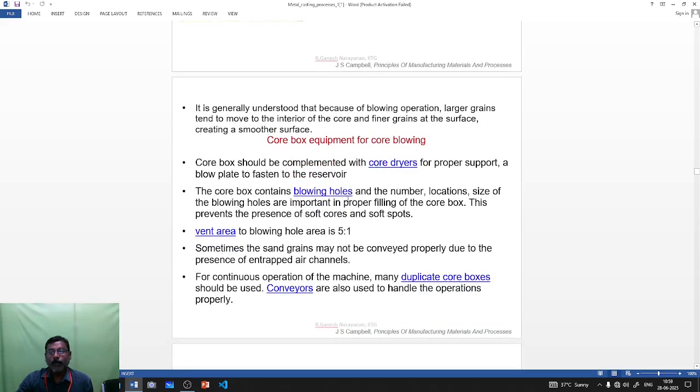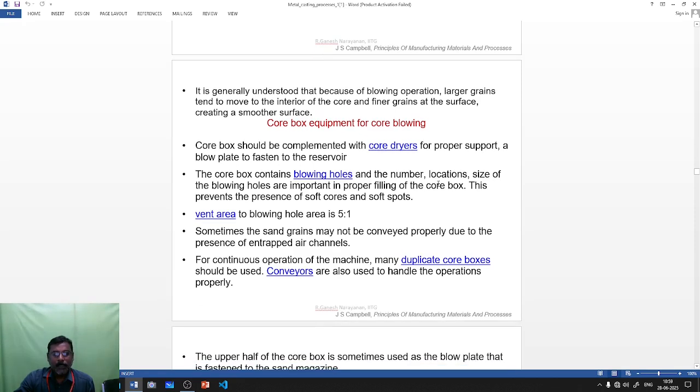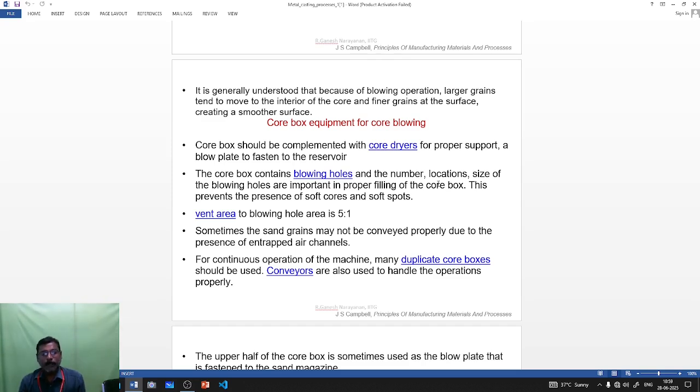So, core box equipment for core blowing. The core box should be complemented with the core dryers. It is properly supported, with a blow plate fastened to the reservoir. Sometimes the sand grains may be conveyed properly due to the presence of vent channels.